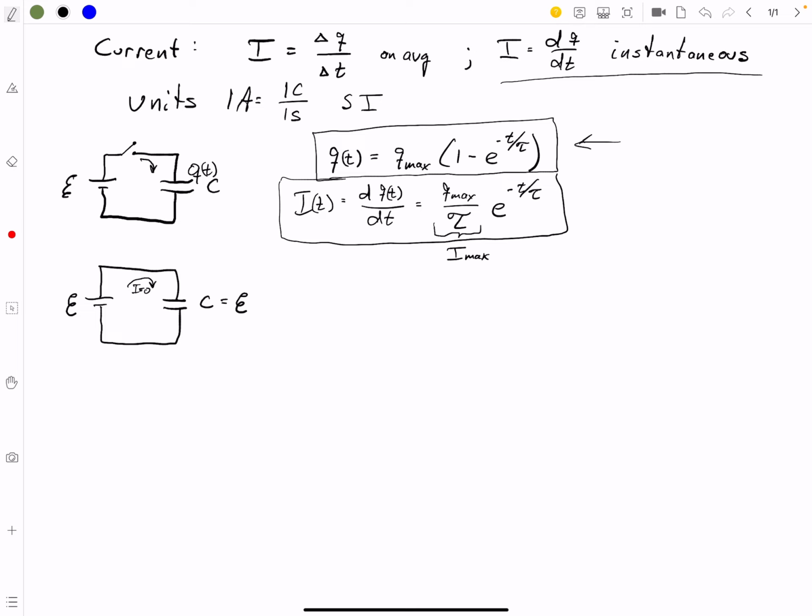Okay, so charge flow. We're talking about current now. So what can we do? We're not going to get current flowing in a lot of situations.